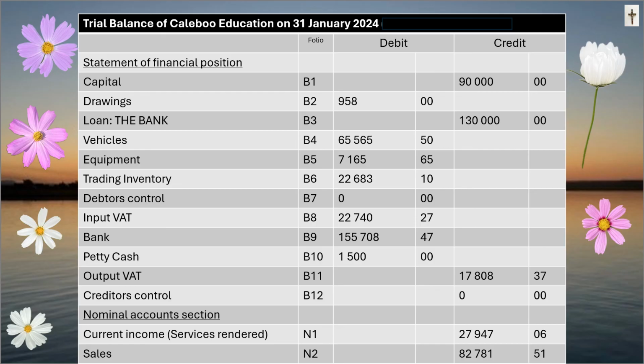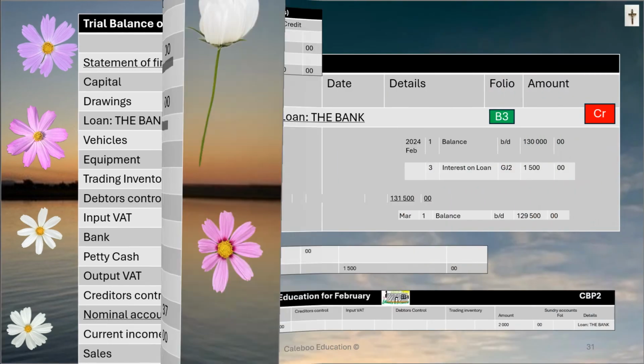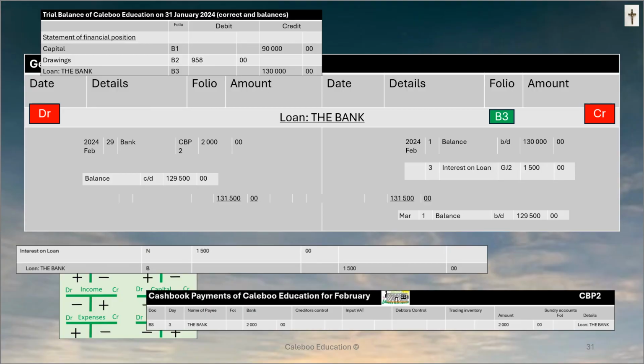We've gone through the capital account, the drawings account, and I'm quickly just going to run through the loan account again, although I have done it, but let's do it quickly. So we have in the loan account a balance brought down. Then there were transactions which relate to the loan. We got the opening balance from the trial balance of the previous month.